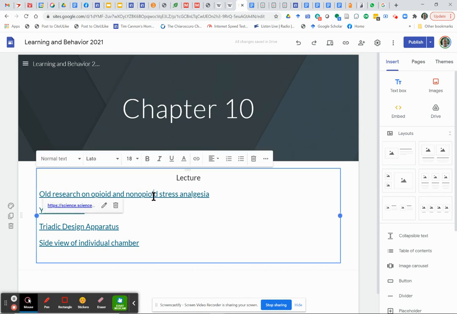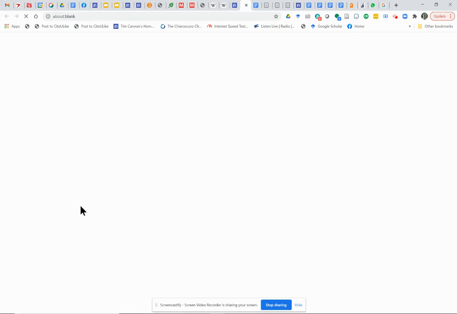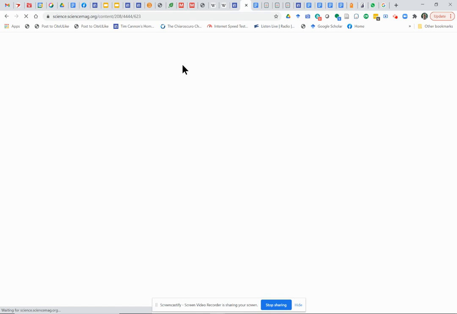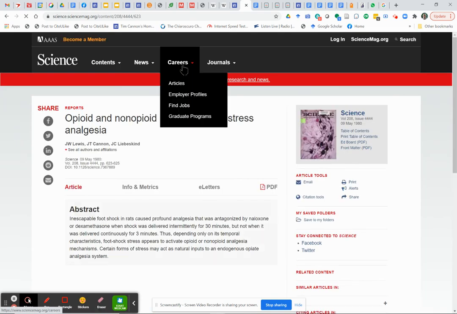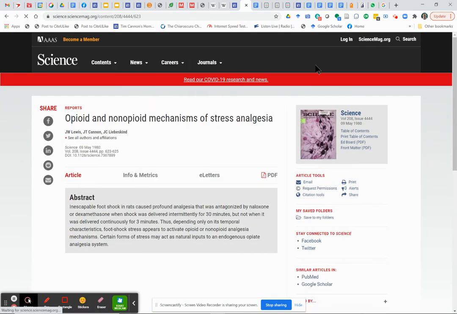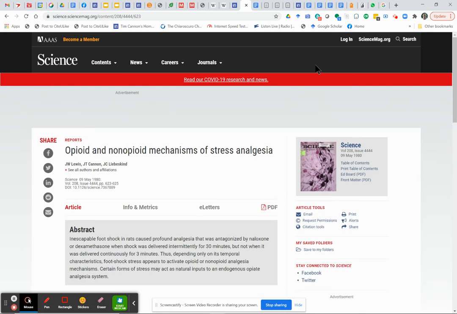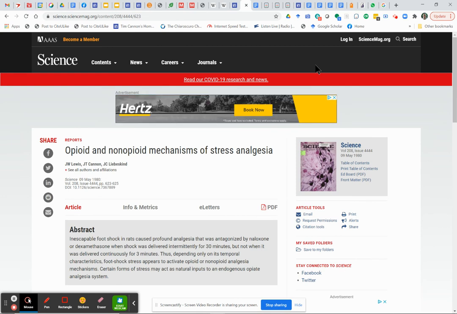Here's some study that overlaps with Michael Fanslow. It deals with pain inhibition and opioids, which was used in the way it was used back in the day. That is what your body makes, and non-opioid mechanisms of stress analgesia.